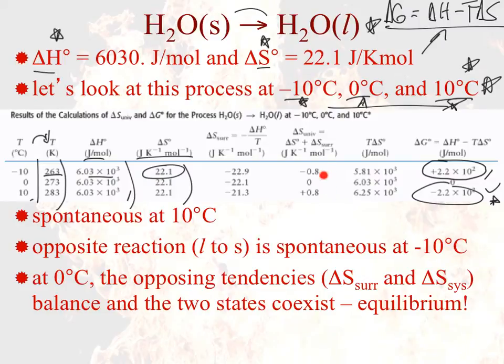So if we look at the delta S of the universe values that we calculated, obviously using our delta S of surrounding calculation, utilizing our enthalpy and temperature, as well as plugging in the delta S associated with our change here, we end up seeing the same type of conclusions. We have a positive entropy value for the delta S of our universe at 10 degrees C, so that means it's a spontaneous process. Notice at negative 10 degrees C, the value for our entropy change is negative, so that implies that it's a non-spontaneous process.